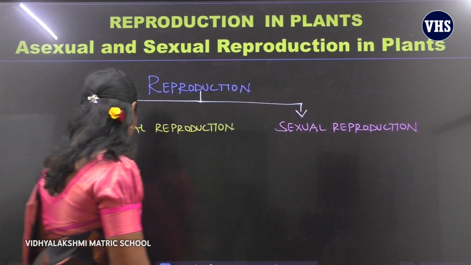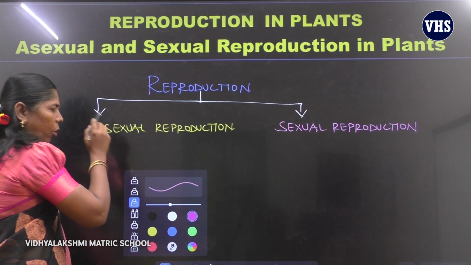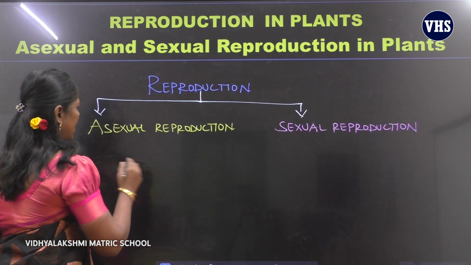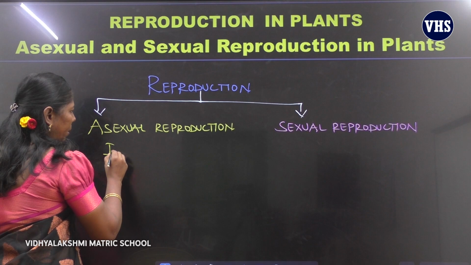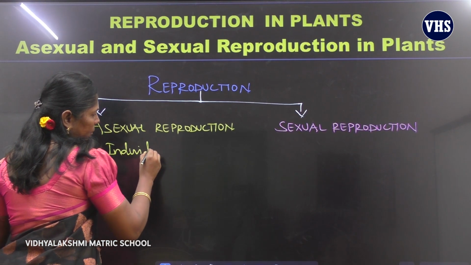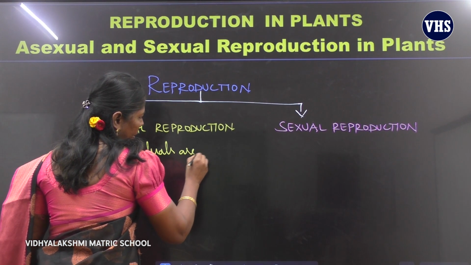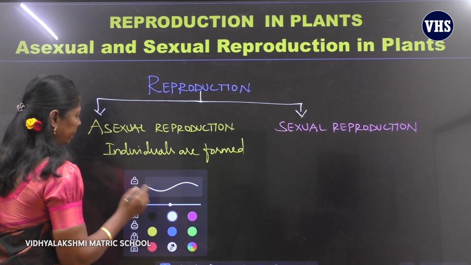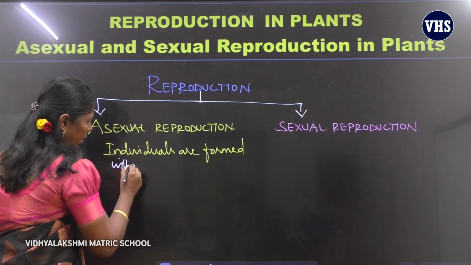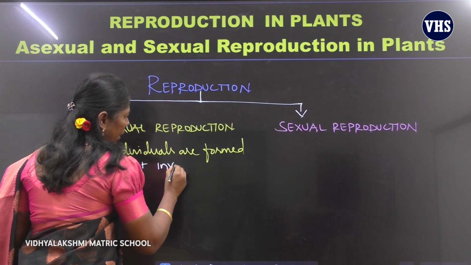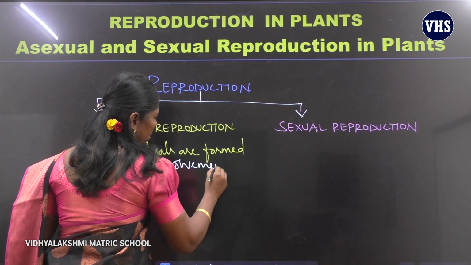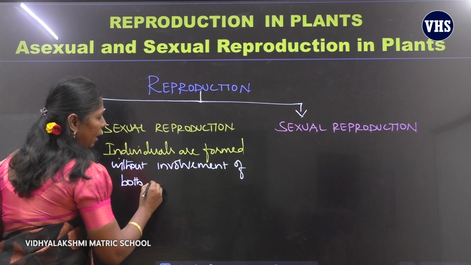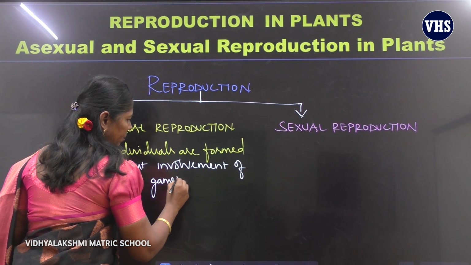We know very well the individuals are formed in this process without involvement of the male gametes, okay, so individuals are formed without involvement of both gametes. It means male and female gametes, isn't it?